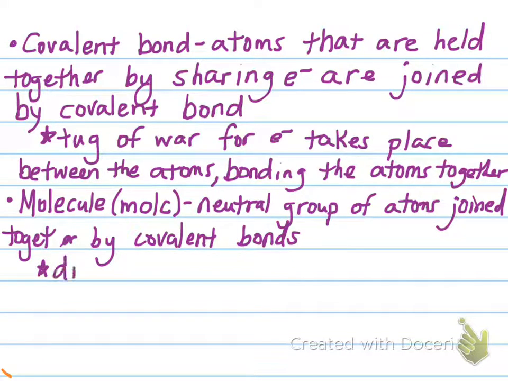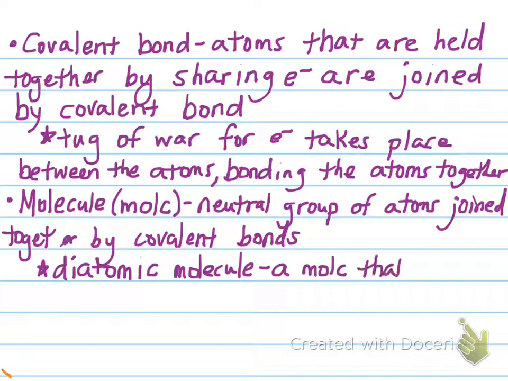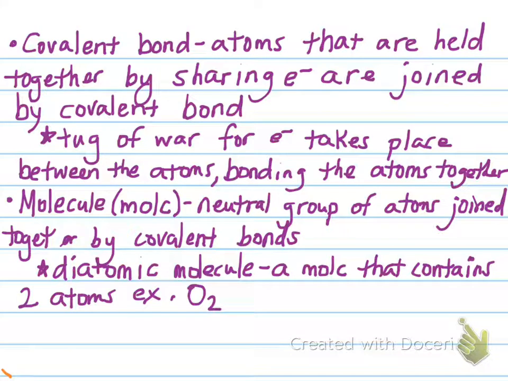And we have some diatomic molecules. Now, again, di means two. So a diatomic molecule is a molecule that contains two atoms. For example, oxygen is O2. Now, this is part of Hofbrinkel.